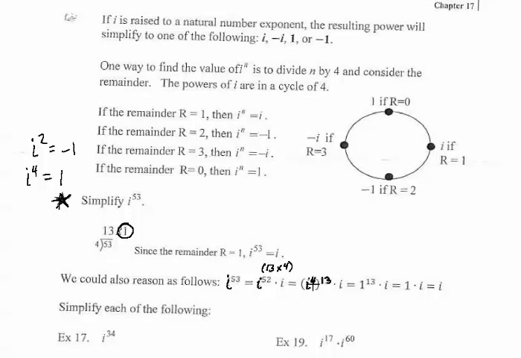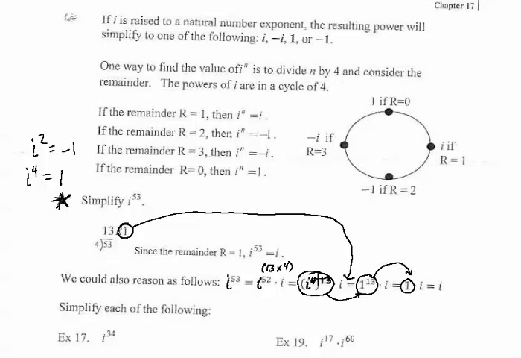Alright, so where does our remainder come into play? Well, our remainder is just going to sit off to the side right here. 4 has gone into 53 13 times, and so that accounts for this part of the product here. Well, since this is based on an i to the 4th, it just ends up equaling 1 to the 13th power, which is just simply a 1.